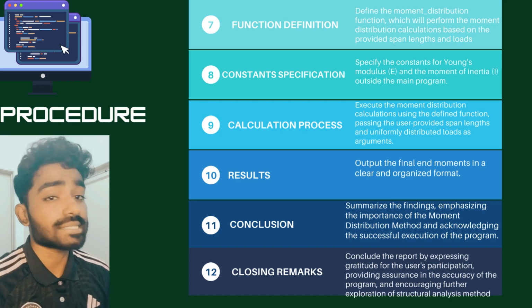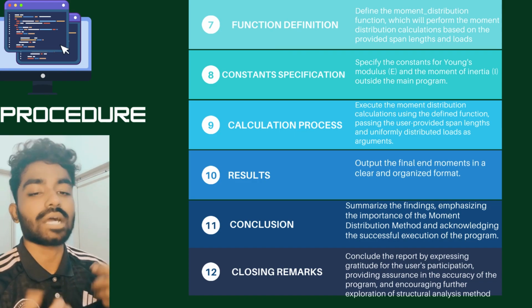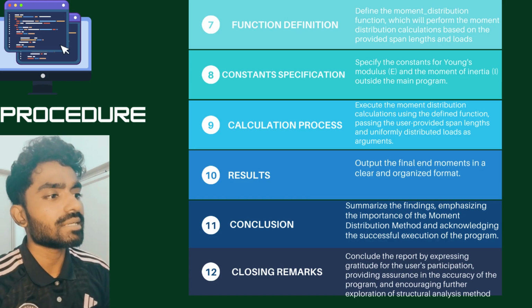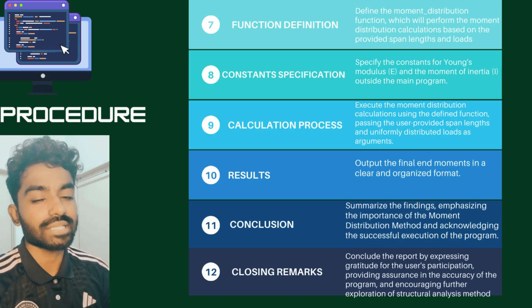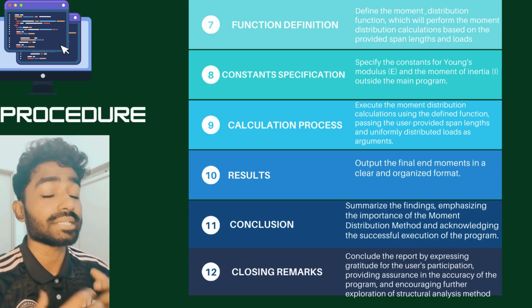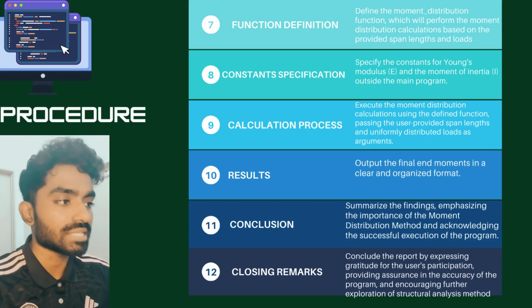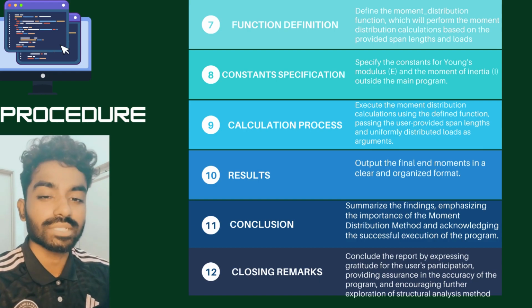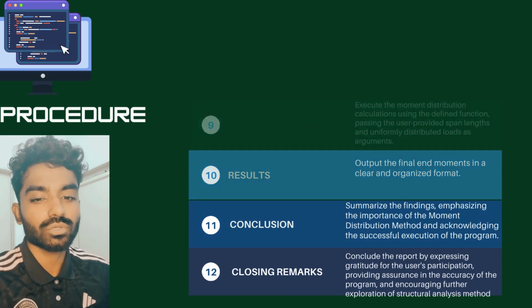Step 9 is the calculation process. Step 10, we will get the output and the final end result. Step 11 is the conclusion, to summarize the findings of the moments by the moment distribution method. And step 12 is the closing remark, so we conclude the report by expressing our gratitude.